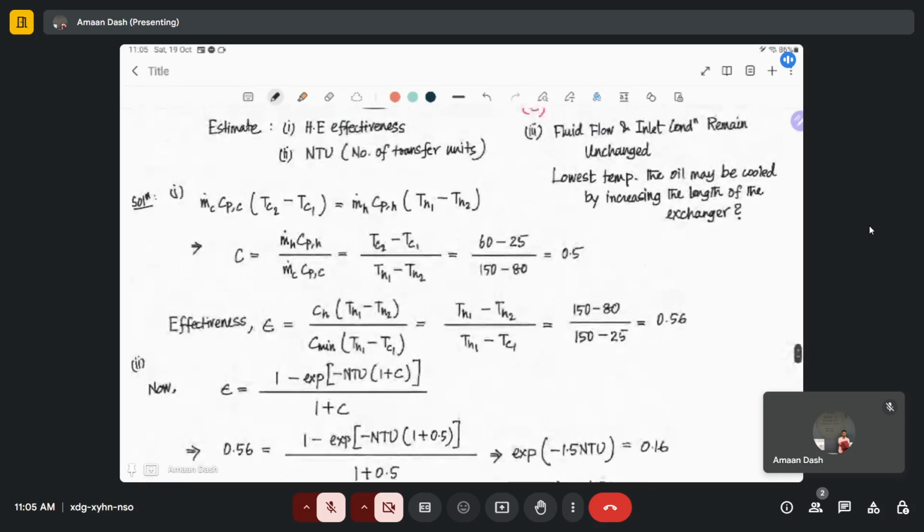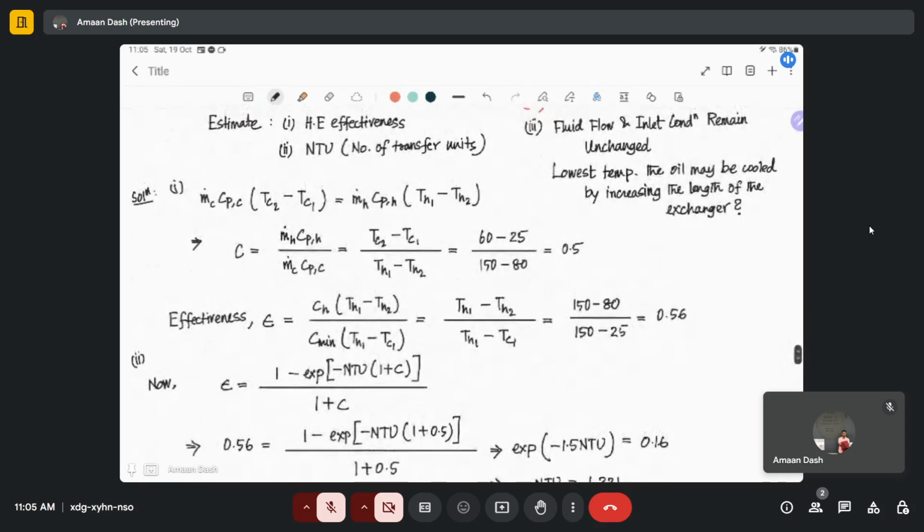Okay, so now let us see how to solve this part. We have to increase the length of the exchanger. So we have to find the lowest temperature.